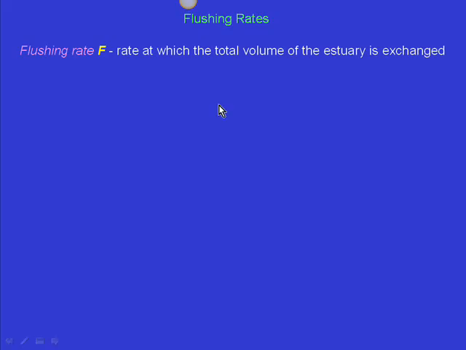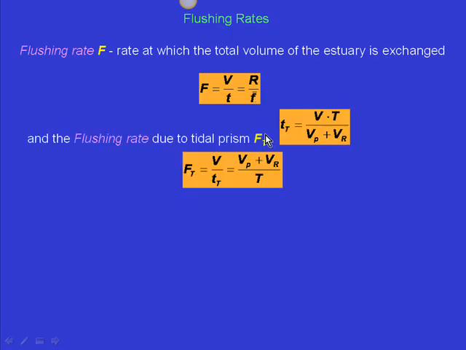So we can use some of the definitions before to say that the flushing rate equals the volume of the system divided by the residence time, or the river discharge divided by the average freshwater fraction in the system. And remember that the residence time obtained from the tidal prism method is given by this relationship, so we use that to determine the flushing rate produced by the tidal prism.